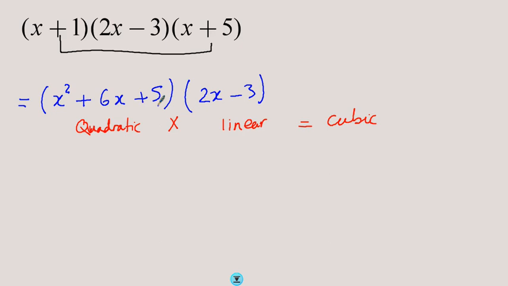What I will do is ask myself, how can I get a term in x cubed? And the only way is that if you think of this x squared multiplied by 2x, and I will get 2x cubed. Now, next in turn is the x squared term.